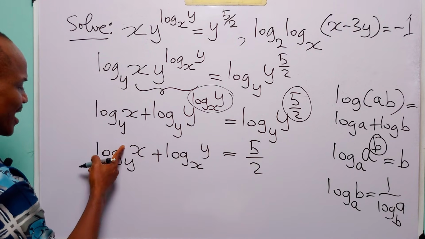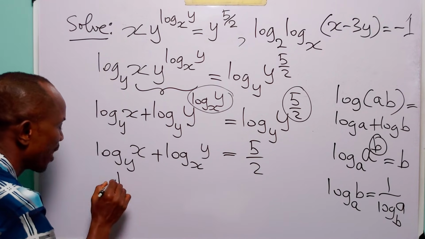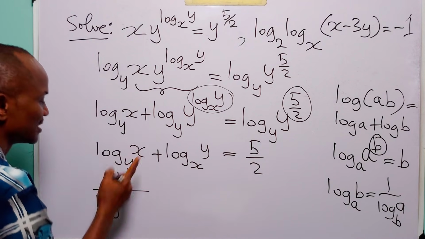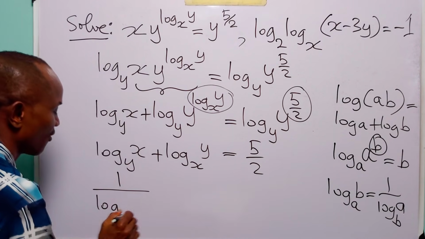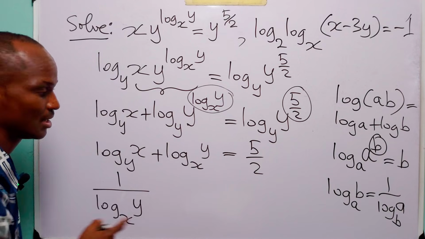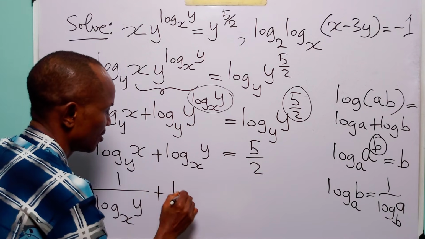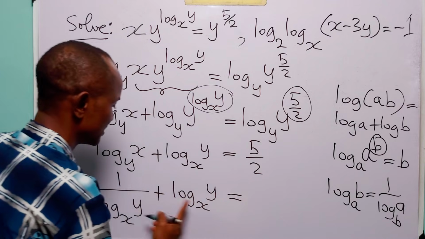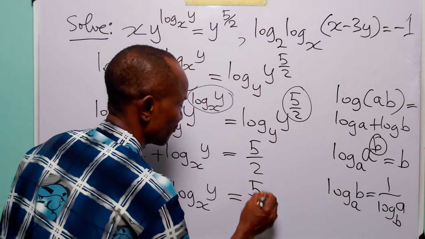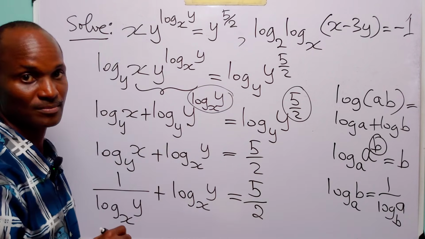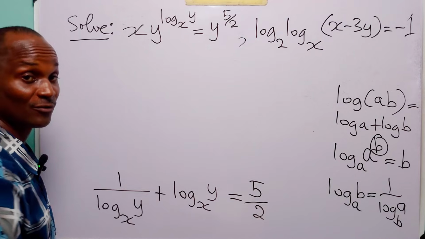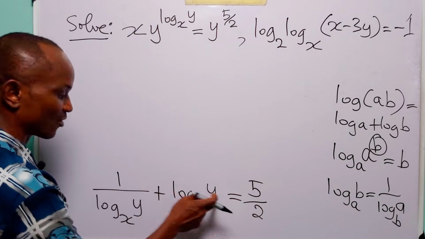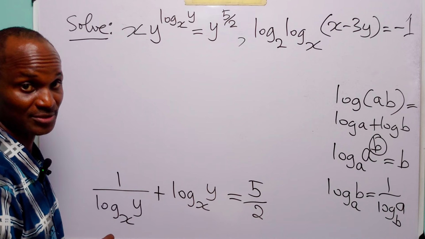That means that we can write this term as 1 over log to base x of y, and this remains log to base x of y, and this sum remains equal to 5 over 2. And of course, now since we have log to base x of y and log to base x of y, we need to do a substitution.